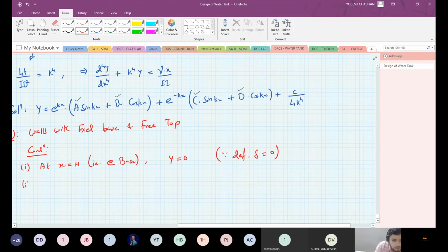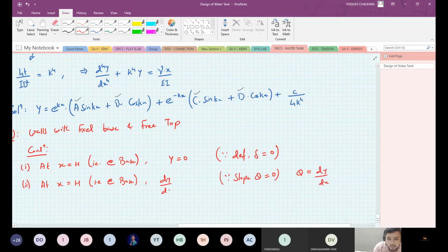Second condition is at x equals h, again at base, your slope theta is 0. Now slope, you remember, is nothing but the first derivative of deflection. So it is dy by dx equal to 0.